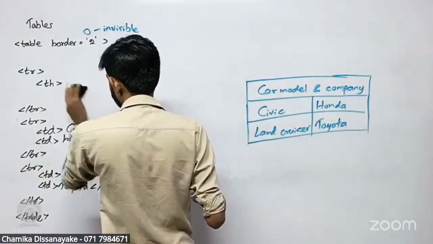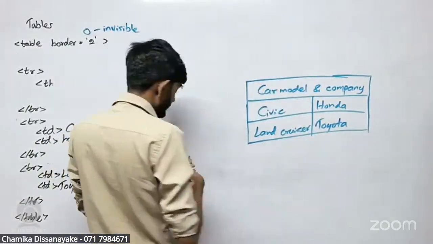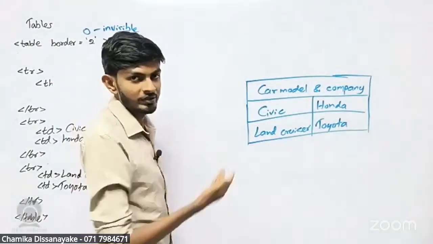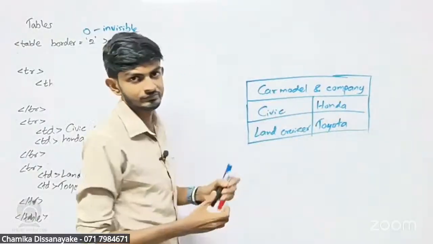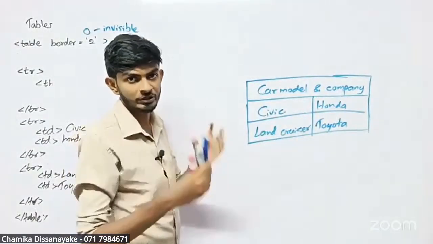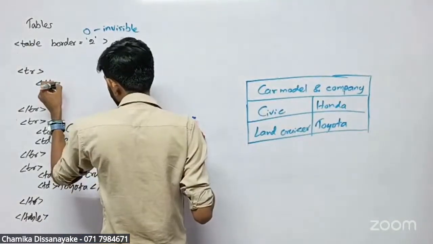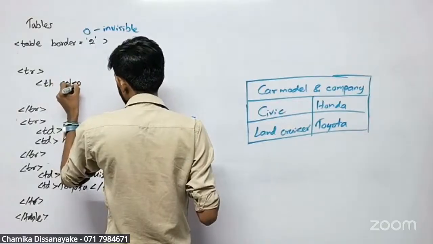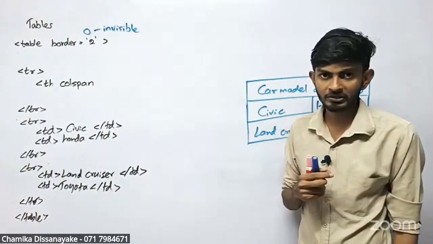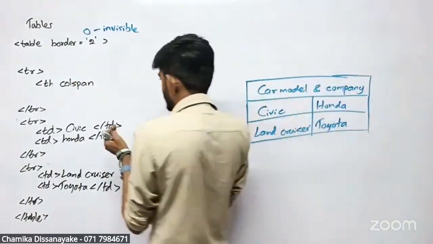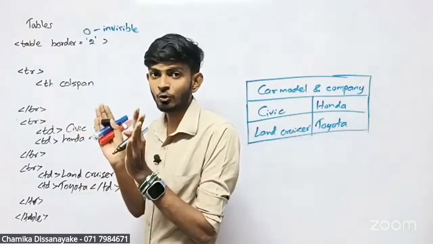So I will change that one. I have created the heading, but there is a difference from the previous one. Here we have two columns merged together. So in that case, we need to write colspan, an attribute called colspan, which means merge columns.